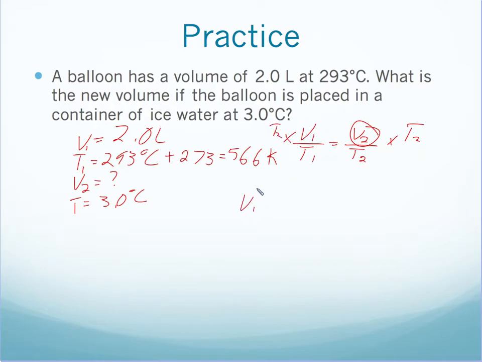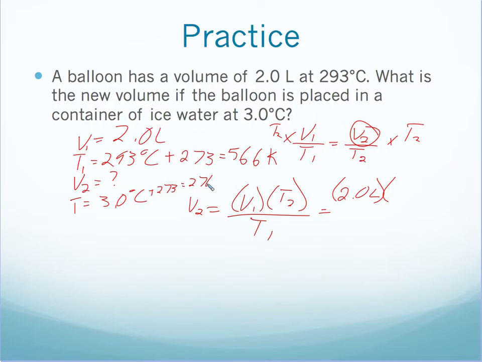I get V1 times T2 all divided by T1, which means that 2.0 liters times, I didn't change this one, times 276 Kelvin divided by 566 Kelvin should give me an answer.